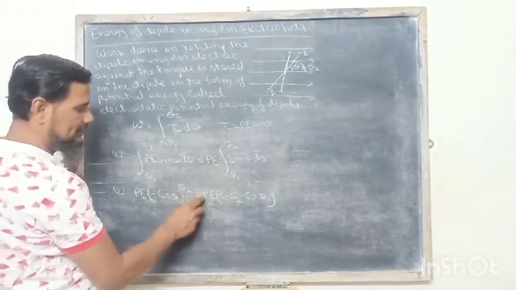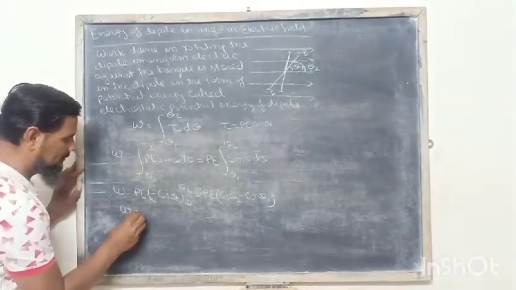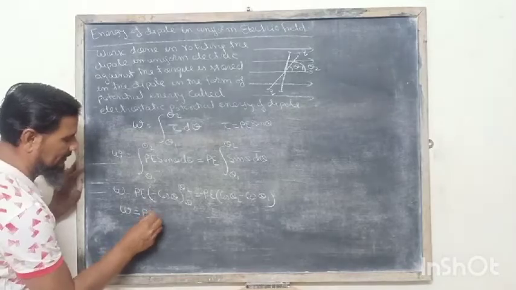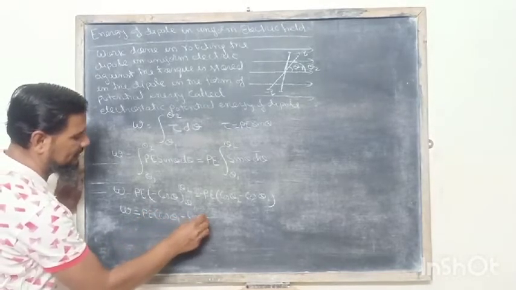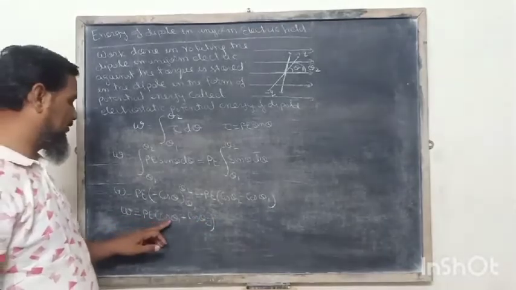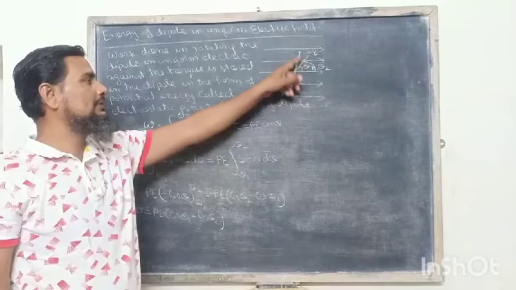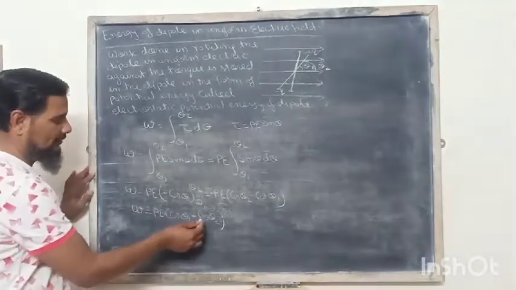Again we take negative sign inside the bracket, so W is equal to Pe (cos theta 1 minus cos theta 2). This is the work done in rotating the dipole from theta 1 to theta 2 in uniform electric field of intensity E.